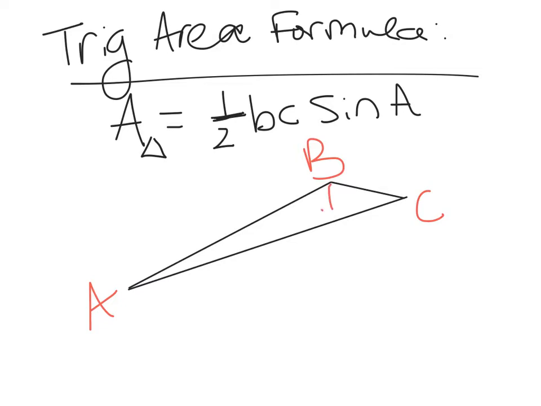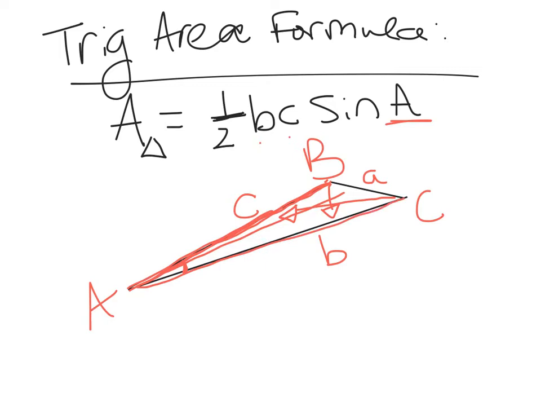So when I look here, this is side b, across from here is side c, and across from the A is side a. So when we see 1/2 bc sine of A, this A is the angle, and b and c are the sides that make that angle. So it's two sides and their included angle.